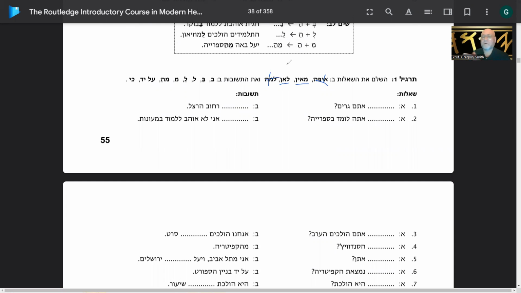Mei'ayin or le'an. I don't think so, that's not mei'ayin. It's got to be le'an, because I think le'an is the movement one. They are moving in the direction of something. So I think it's le'an.